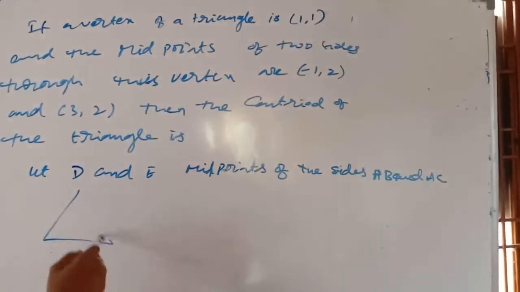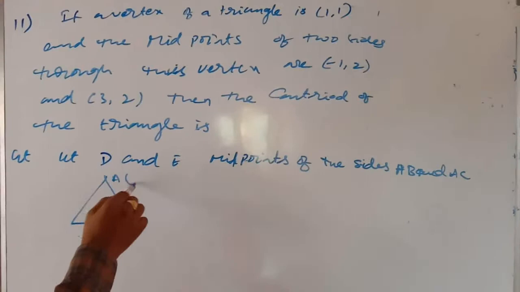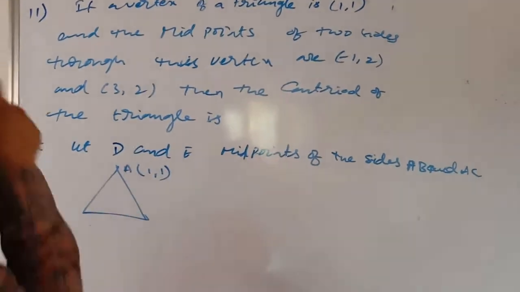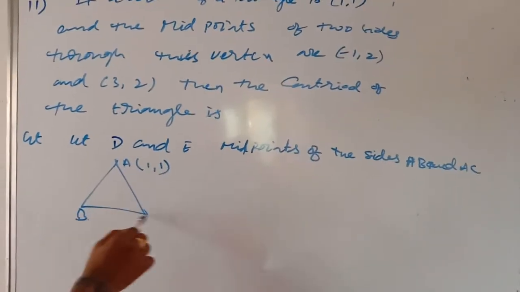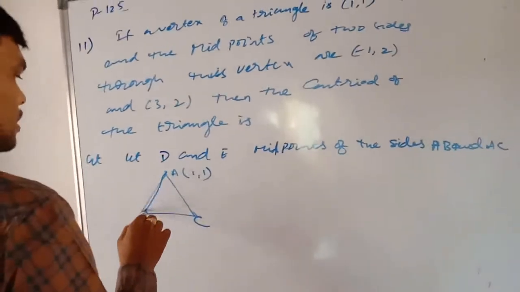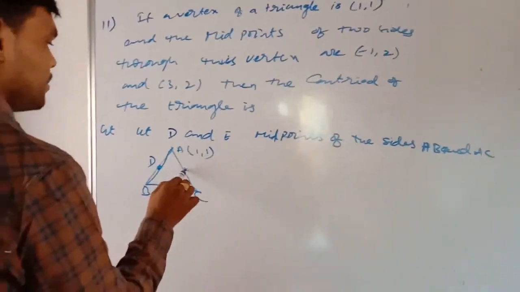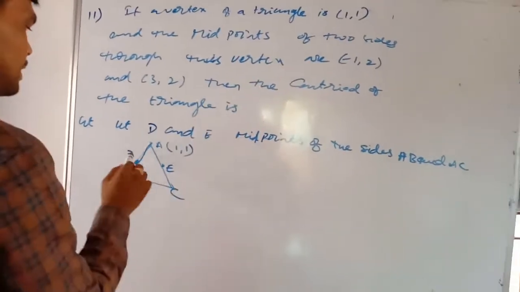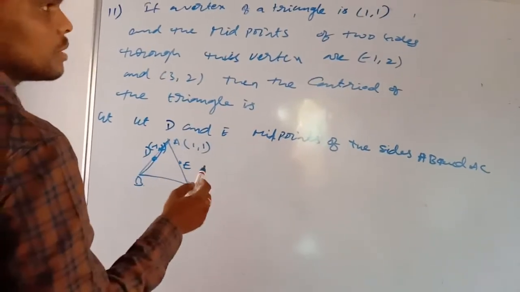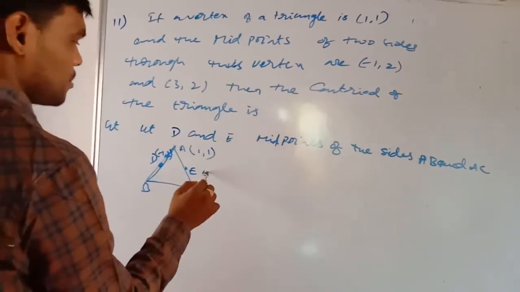Now see the diagram. This is the triangle with one vertex A (1, 1), AB side and AC side, the midpoint of AB is D and the midpoint of AC is E. Here D is (−1, 2) and E is (3, 2).